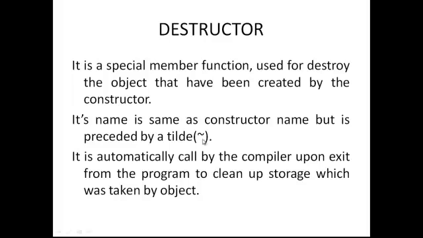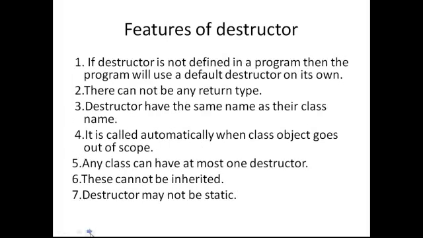The tilde sign identifies that this is the destructor, and this destructor is automatically called by the compiler when the program ends. So let us see the example and general syntax of the destructor.